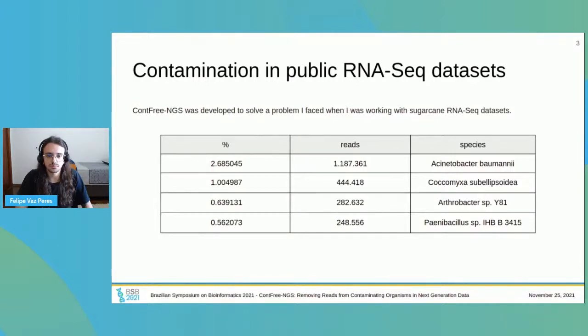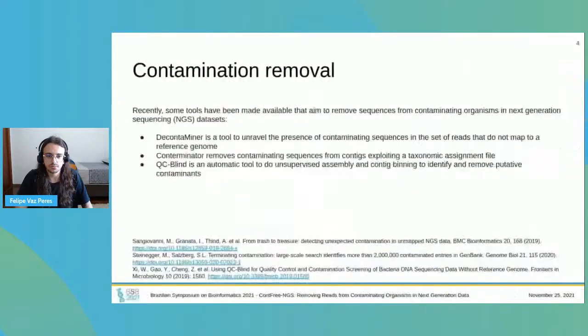So I tried to remove these contaminant sequences with some software, and recently some tools have been made available that aim to remove sequences from contaminating organisms in next generation sequencing datasets, such as Contaminer, a tool to unravel the presence of contaminating sequences in the set of reads that do not map to a reference genome, and also Contaminator, a software that removes contaminating sequences from contigs, exploiting a taxonomic assignment file, and QC Blind, an automatic tool to do unsupervised assembly and contig binning to identify and remove putative contaminants.